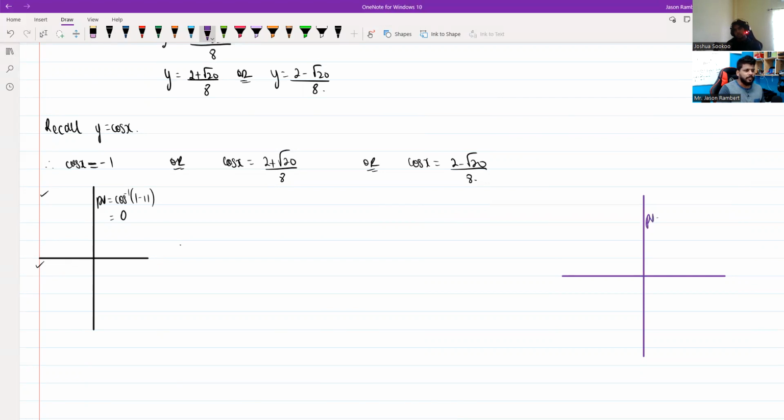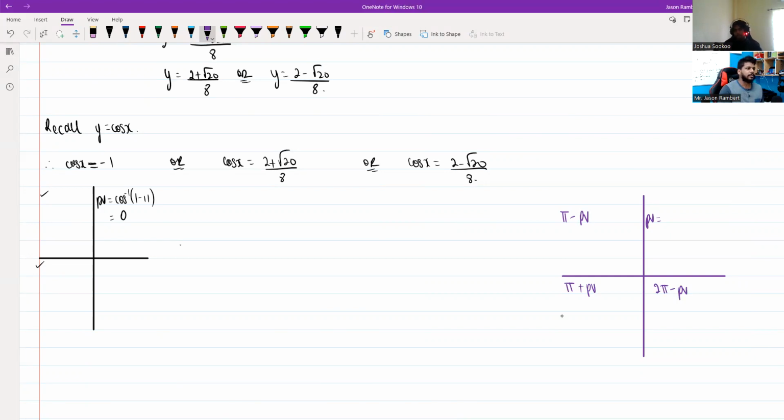So my principal value is still cosine inverse, sine inverse, tan inverse of the modulus of whatever the number was. In quadrant 2, it will be pi minus my principal value, quadrant 3, pi plus my principal value, and quadrant 4, 2 pi minus my principal value. All right?